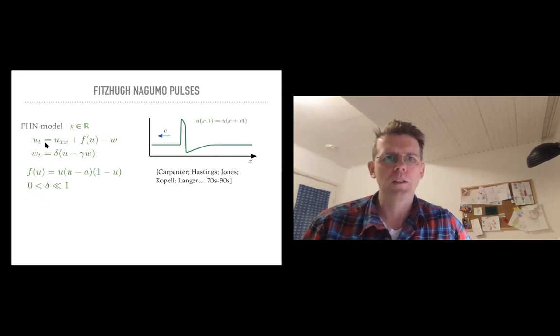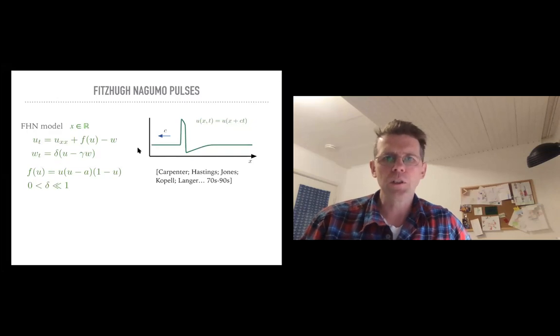The first one is also diffusing and has this nonlinear part f, which is a cubic with 3 zeros. Then it's linearly coupled to this ODE for w, which entails this small parameter delta. The smallness induces a slow-fast structure, which is going to be relevant for our purposes here.